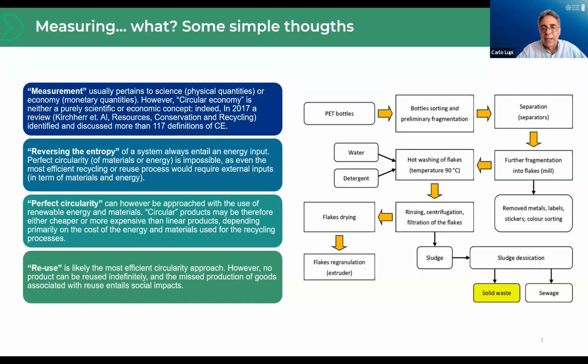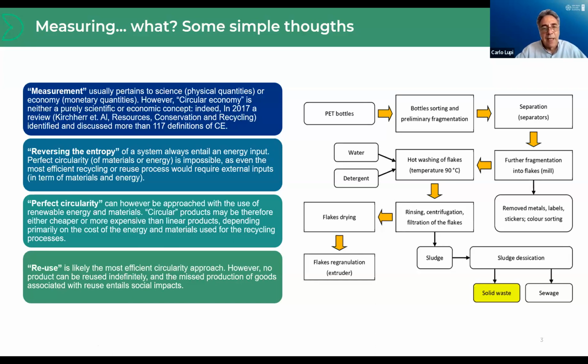Another aspect we should try to escape is the attempt to drive the measurement of circular economy toward a perfect circularity of materials. On the right side of my slide, you may see the flowchart for PET recycling.